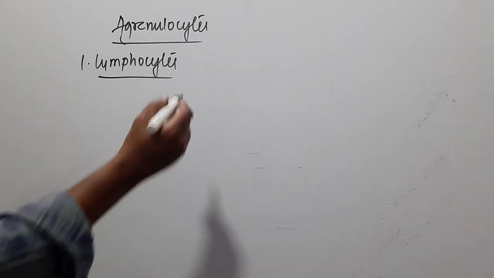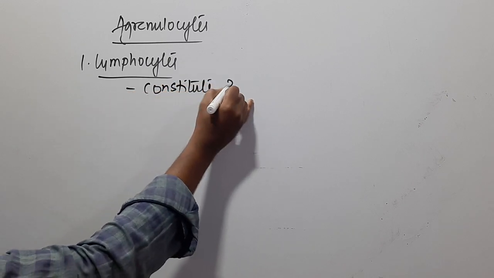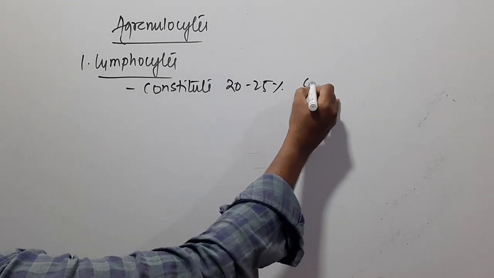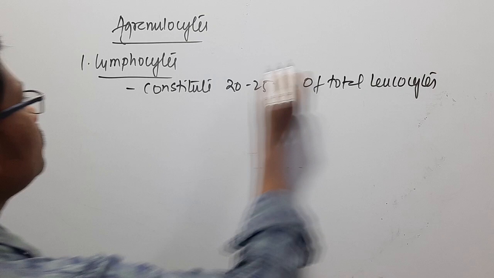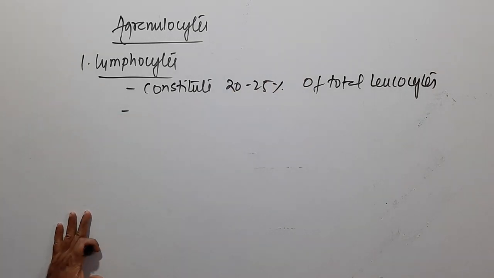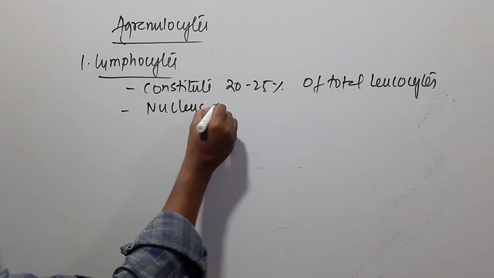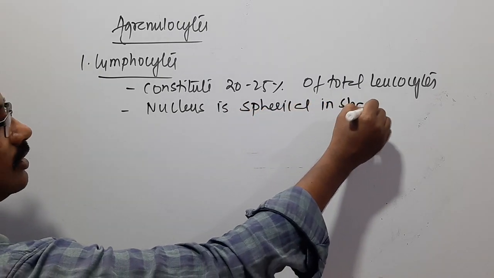Now these lymphocytes, I already told you, constitute around 20 to 25% of total leukocytes. The nucleus in this case is spherical in shape.